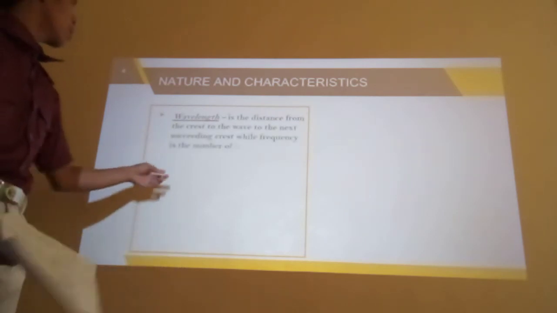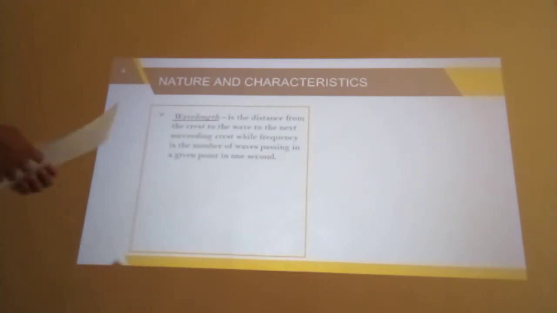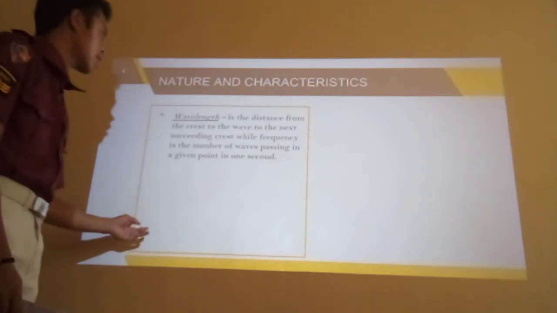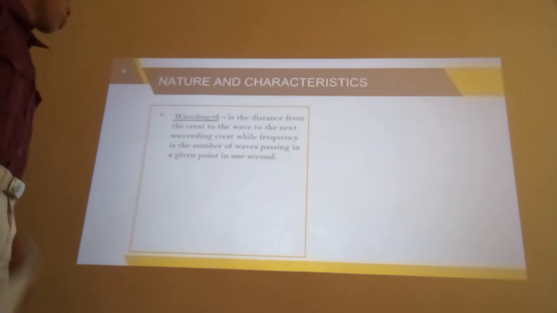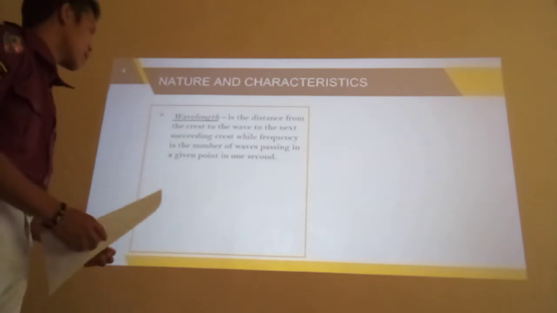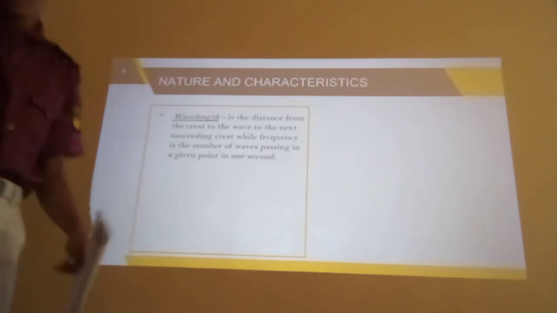So this is the wavelength. The definition of wavelength: wavelength is the distance from the crest of the wave to the next succeeding crest, while frequency is the number of waves passing a given point in one second.